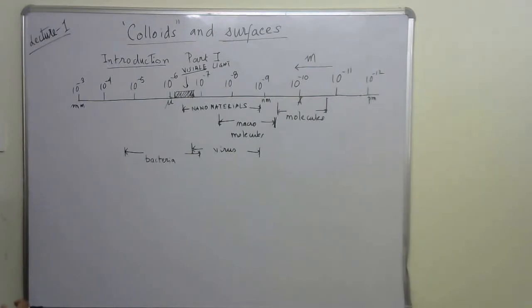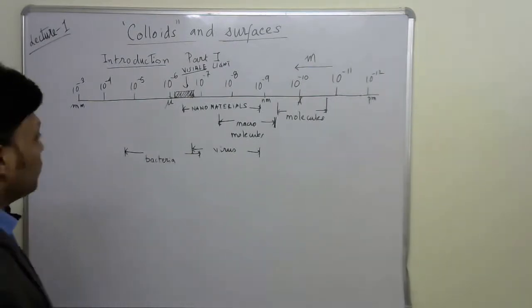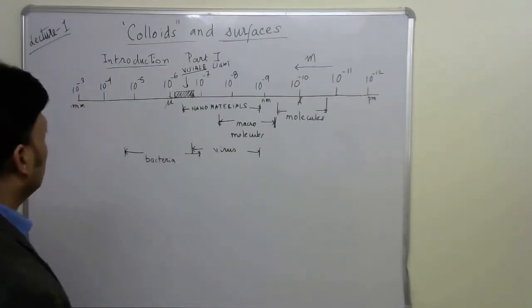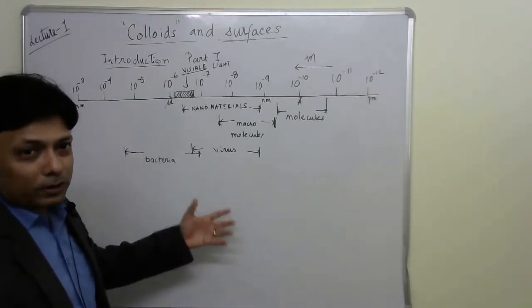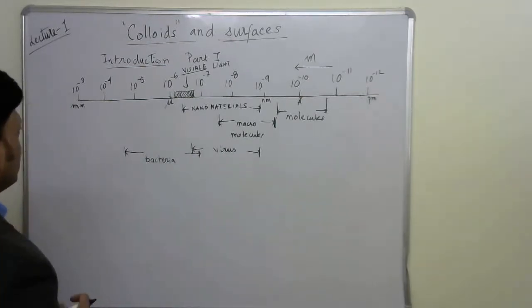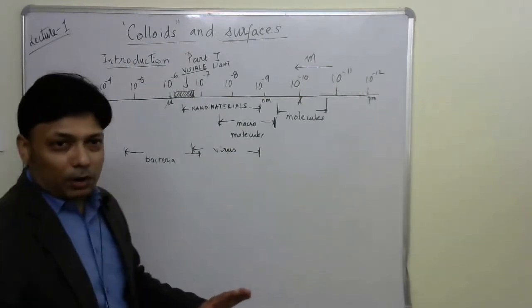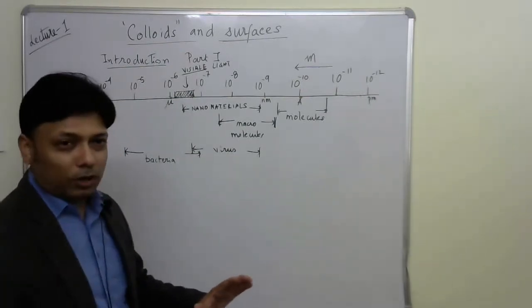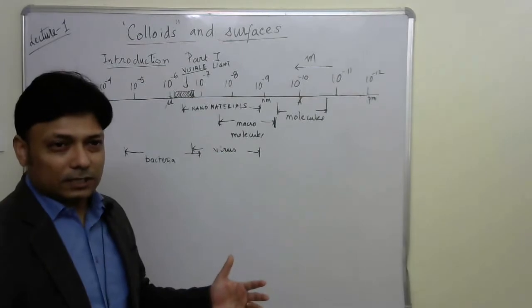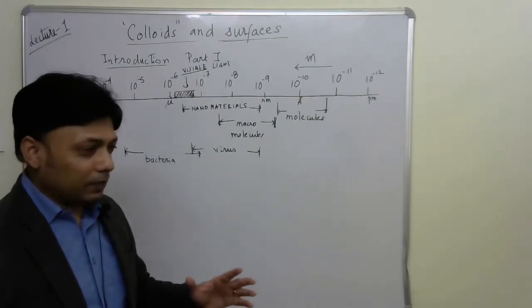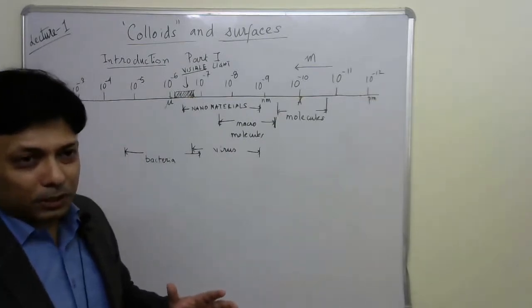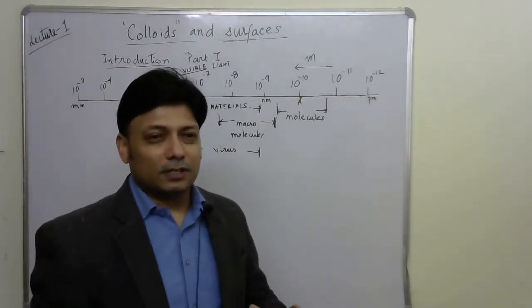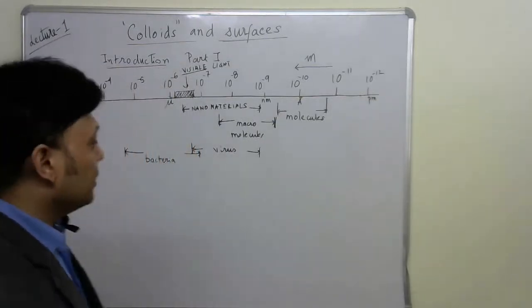And then there is another naturally occurring thing which is important for our colloids part. It is winter time now, so mostly in the morning, if you go outside, when the weather is not clear and the sunlight is not coming, you see that there is fog outside.